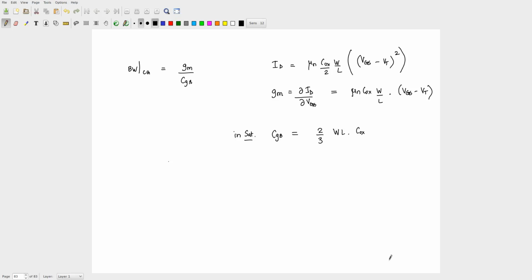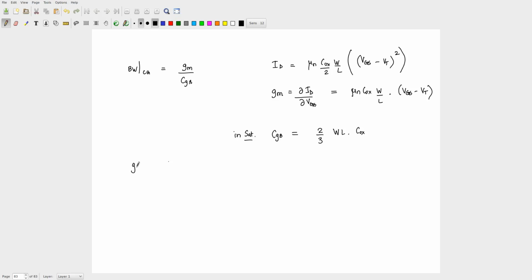Correct? I gave you this expression long ago. Don't look like this is somewhere from Mars. We did this when we first did the common source amplifier frequency response. Alright. Now put these two in and work out this gm by CGS.